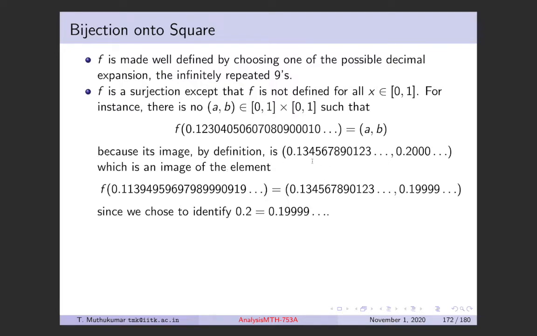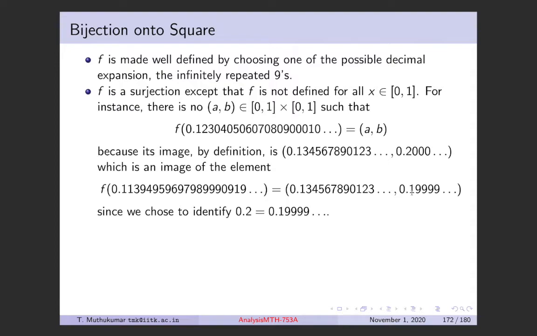Now this element, by the way we have fixed here, we will allow only infinite nines. With that choice of decimal expansion, this element is actually the image of this element here. Because if you look at this element, all the odd positions are the same as the first component here, and all the even positions are 0.19999..., which is this, and this is what we are identifying as 0.2, right?